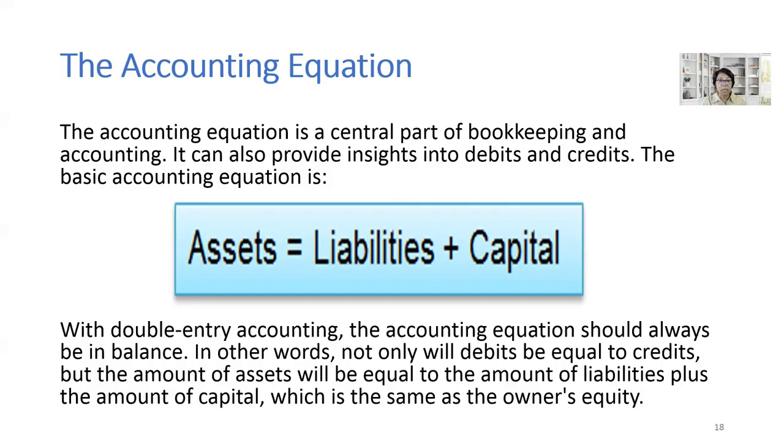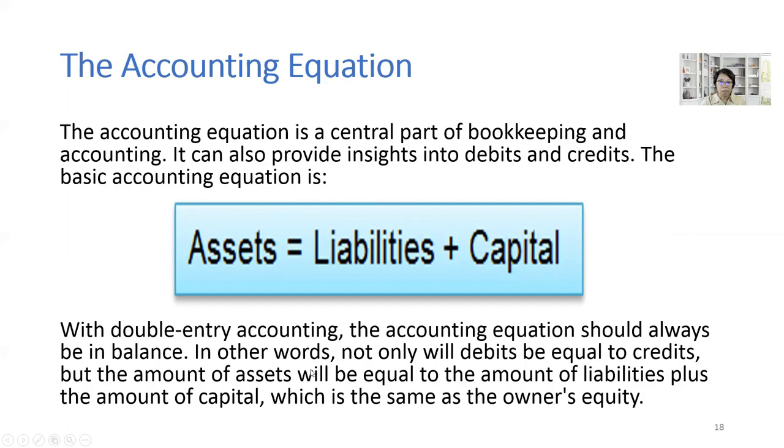The equation is assets equal your liabilities plus your capital. With double entry accounting, the equation should always be in balance. You can't have this side equal 50,000 and this side equal 60,000. If this side equals 50,000, then the right side has to equal 50,000.